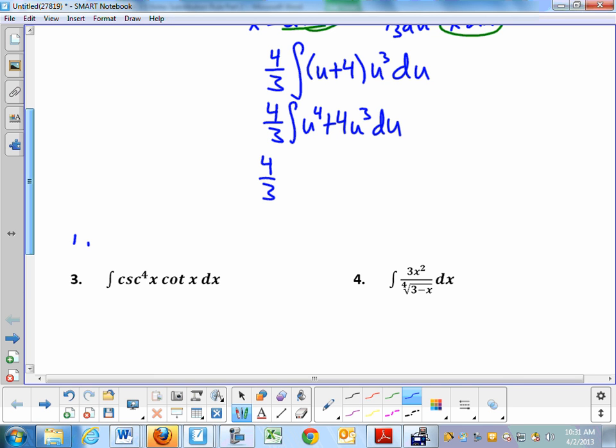What's the antiderivative of u to the fourth? U to the fifth over 5. Very good. Plus u to the fourth plus c.